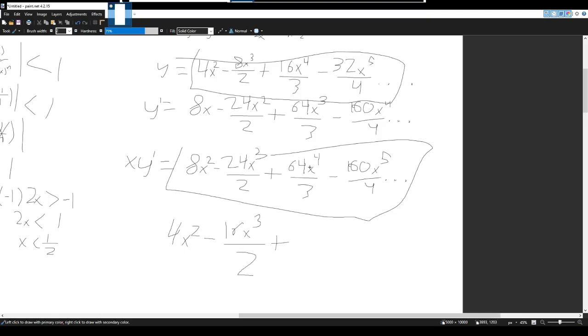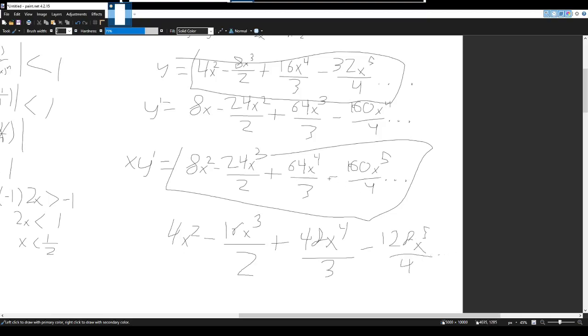And then plus 64 minus 16, which is 48, x to the fourth over 3, 160 minus 32, that's 128, x to the fifth over 4, dot dot dot.